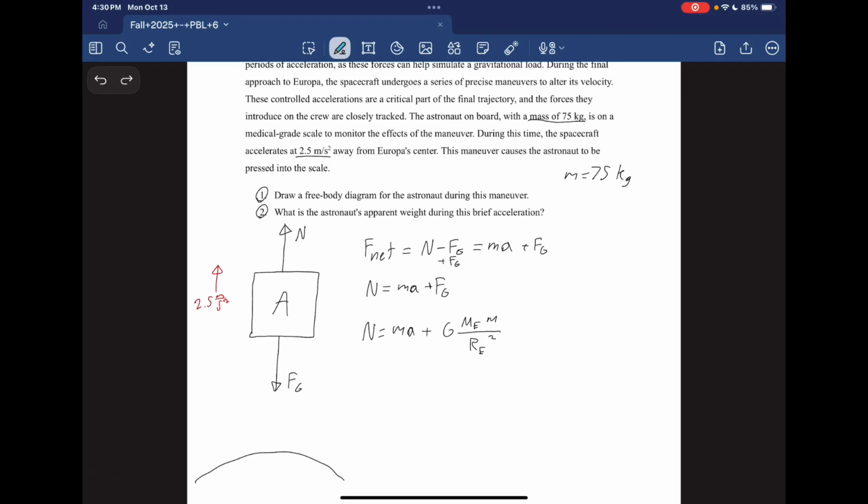So now we just plug in our known values. We get that N is equal to the mass of the astronaut, which is 75, times the acceleration, which is 2.5, plus G times the mass of Europa times 75 divided by the radius of Europa squared.